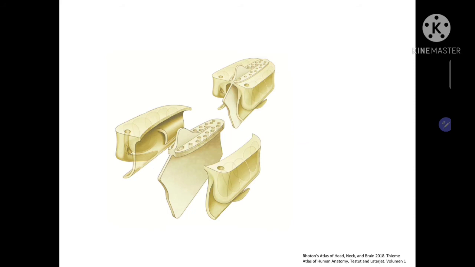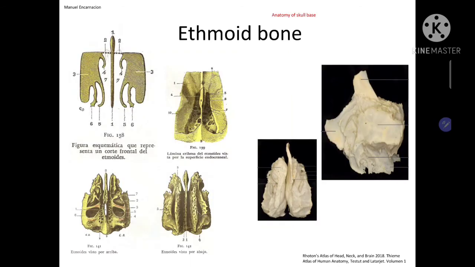The posterior surface is quadrilateral in shape and is joined to the anterior surface of the body of the ethmoid bone. Superiorly, and also inferiorly, it articulates with the orbital process of the palatine bone.